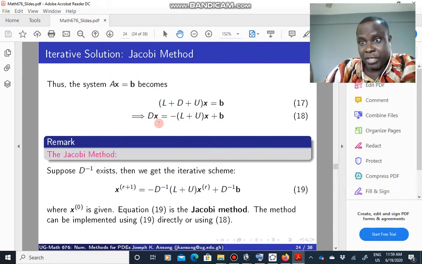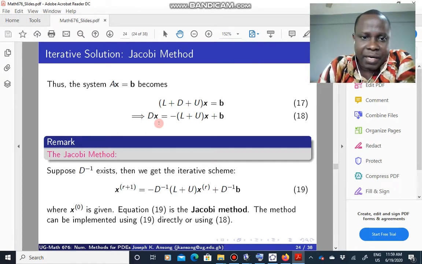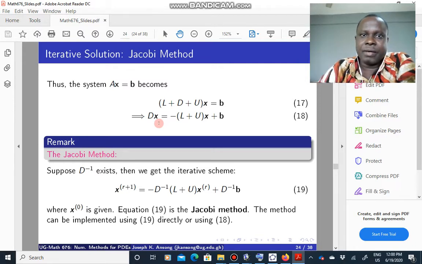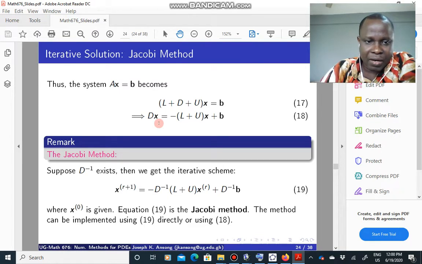Well, you specify some kind of a tolerance: the difference between the solution of your previous step and your current step is less than some tolerance, and then you can end the iteration there. Okay, so that is how these things develop. We'll do some examples to illustrate that.